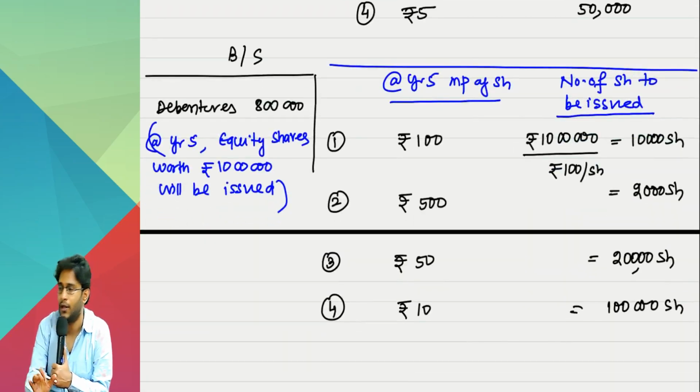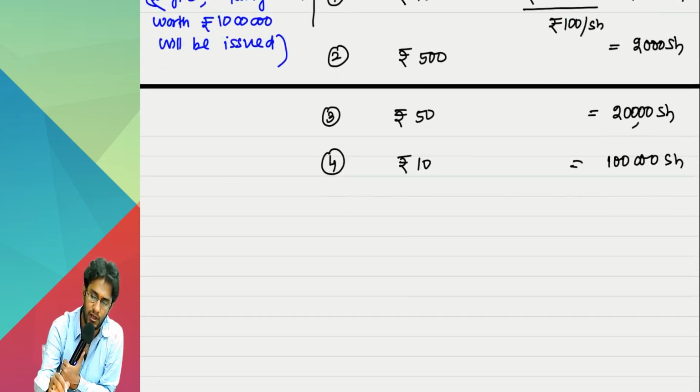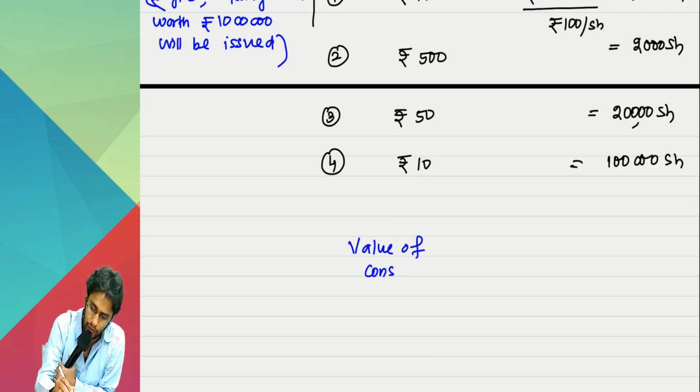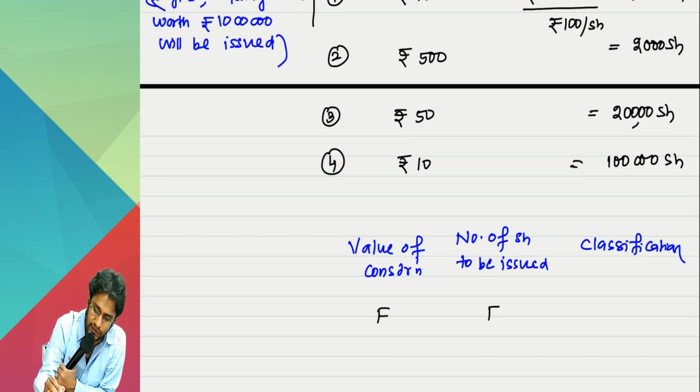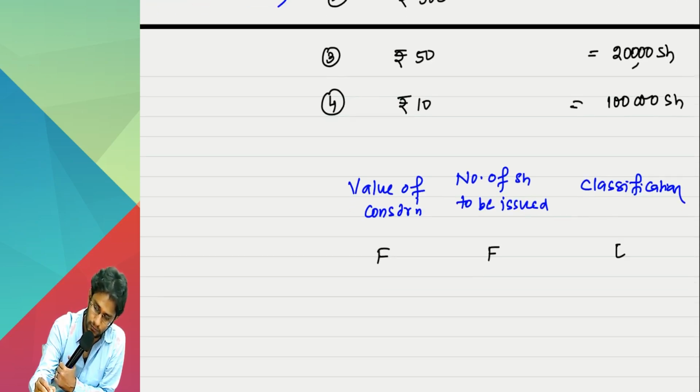Are we clear here? So if I stop here and summarize this: value of consideration, number of shares to be issued, and finally classification. If this is fixed, this is fixed, you will call it equity.